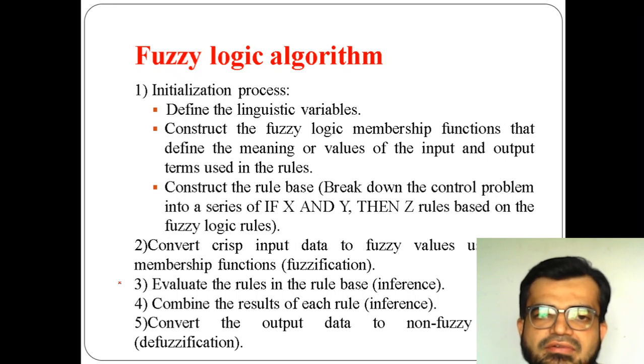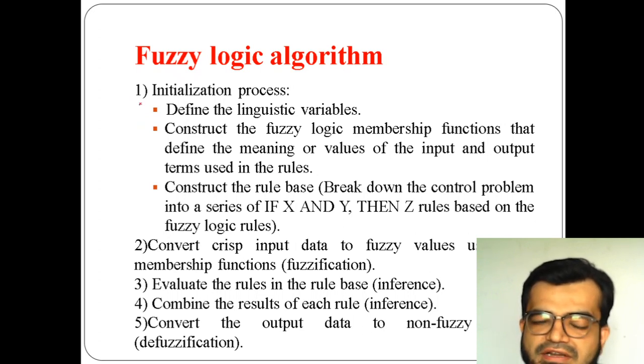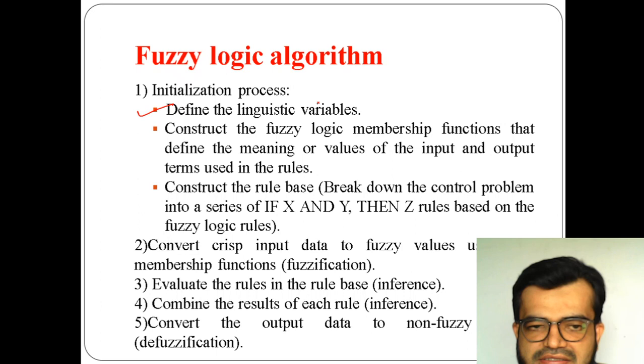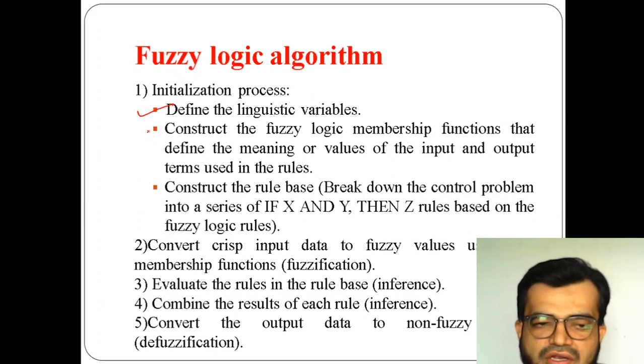Now, how do we execute fuzzy logic? There are various processes by which you can execute it, and this is an algorithm for that. Initialization is the starting step. For any expert system based on fuzzy logic, we first define the linguistic variables, which will be explained with an example, and using these variables I can construct a membership function.